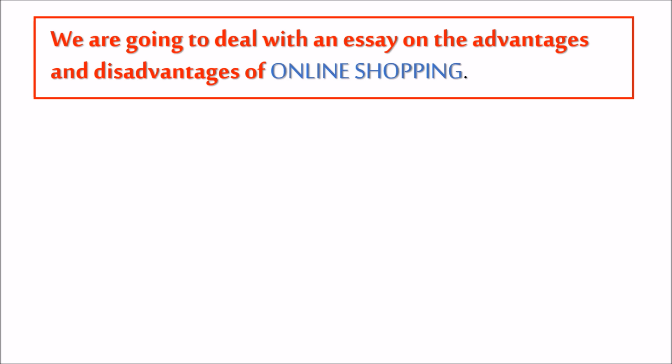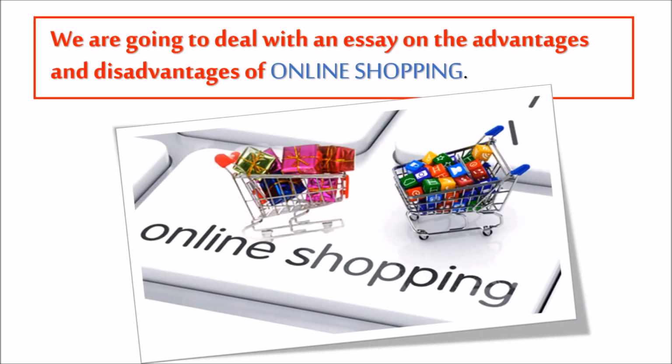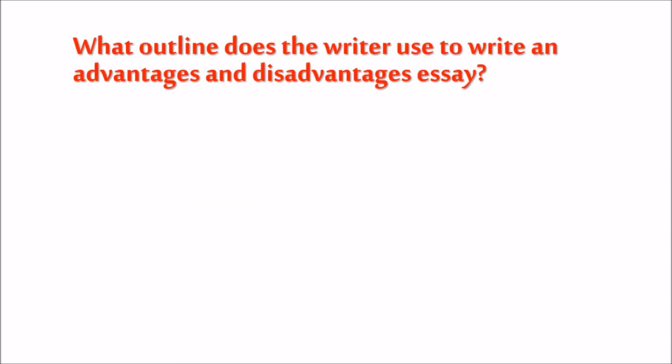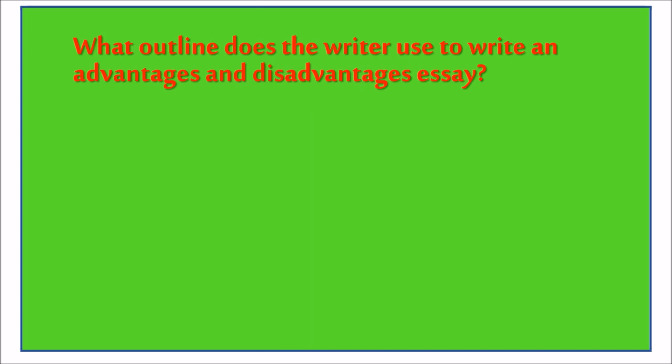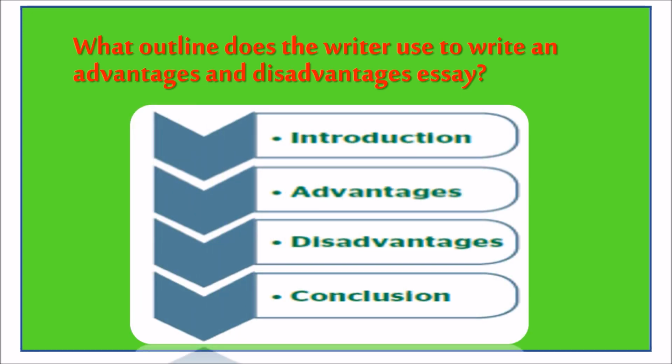We are going to deal with an essay on the advantages and disadvantages of online shopping. What outline does the writer use to write an advantages and disadvantages essay? Let's think for a while about the outline the writer is going to use in order to write the advantages and disadvantages essay. Very good.